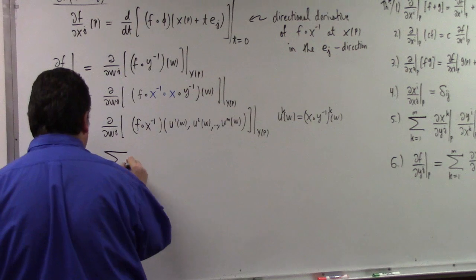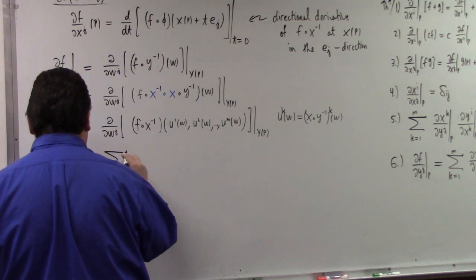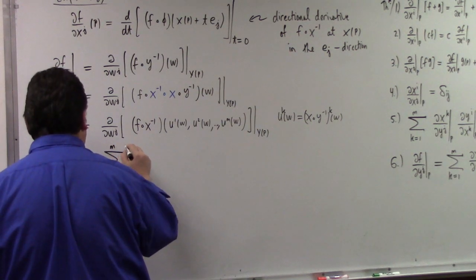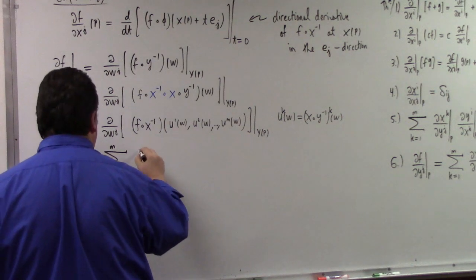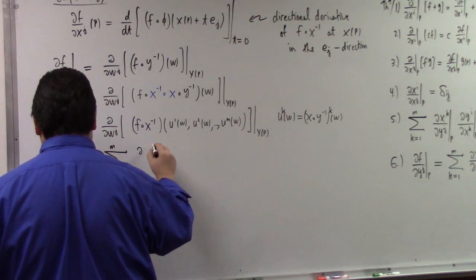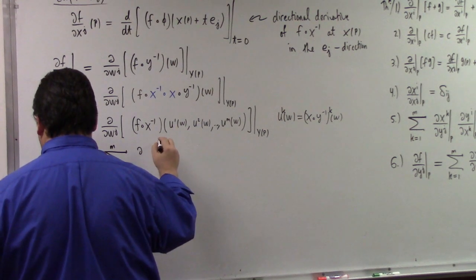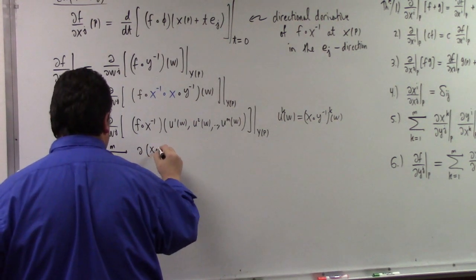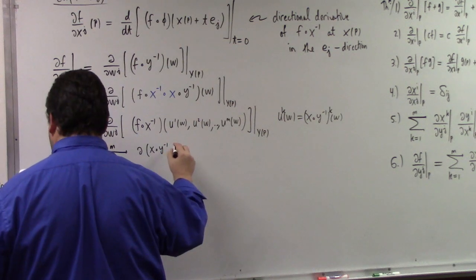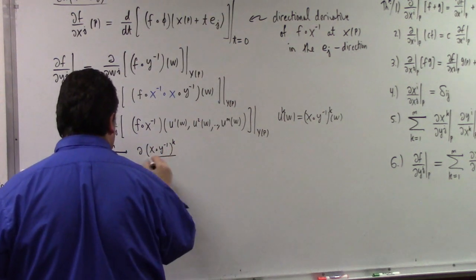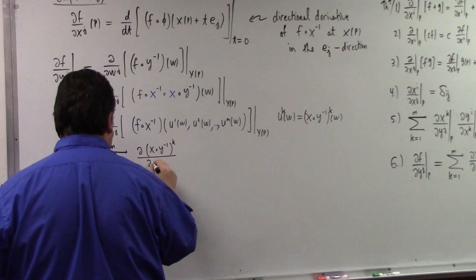Sum k equals 1 to m of partial, goodness gracious here, I'll get it eventually, x composed with y inverse, the kth component of that guy, with respect to wj.